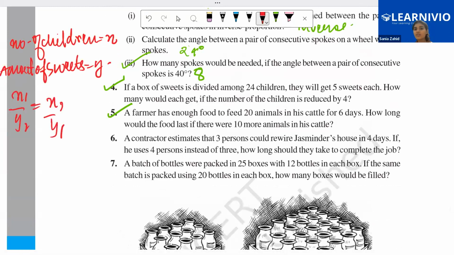Now what is X1? X1 is 24. What is Y2? Y2 is unknown. You don't know the amount. What is X2? 20. What is Y1? 5. Yeah.